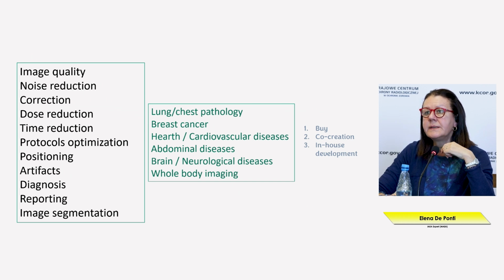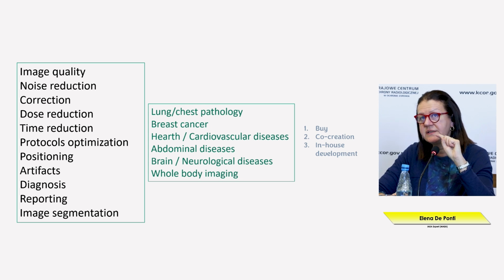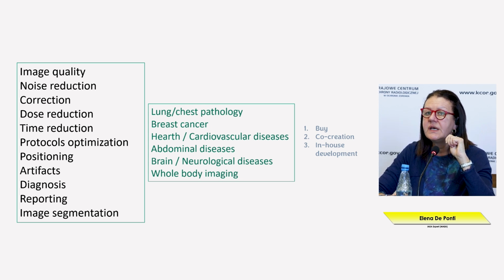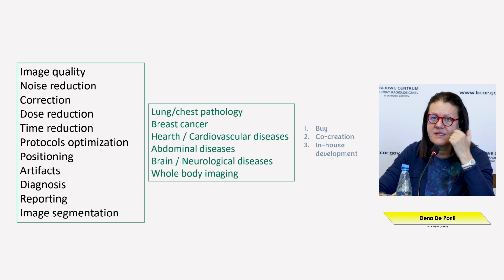Many different purposes of artificial intelligence have been identified: image quality, noise reduction, correction, dose reduction and time reduction for acquisition. We can use artificial intelligence to optimize protocols automatically, for positioning the patients, as we have seen in the recorded lectures, for artifacts, for diagnosis, as said by Darius previously, in reporting and image segmentation.